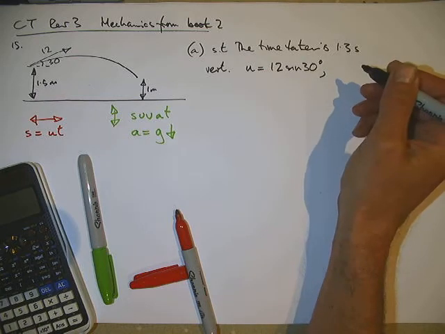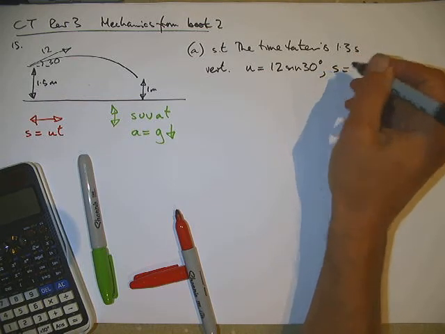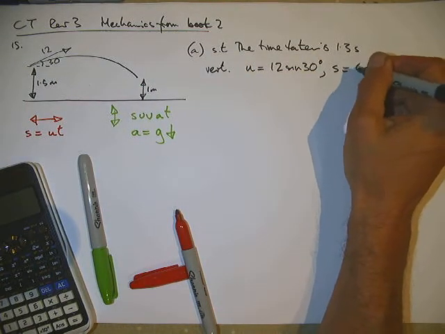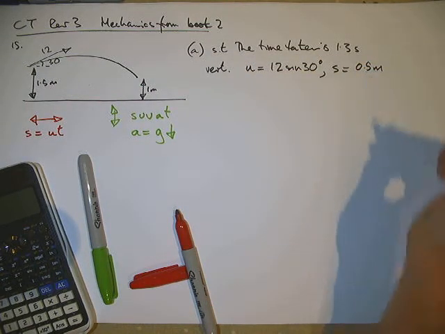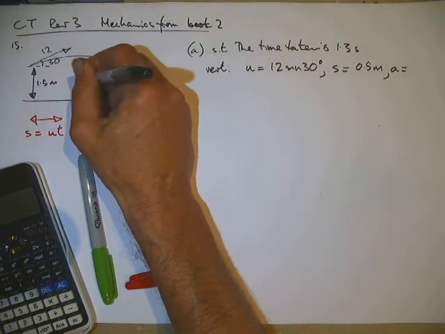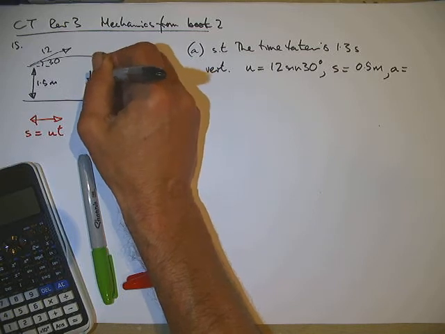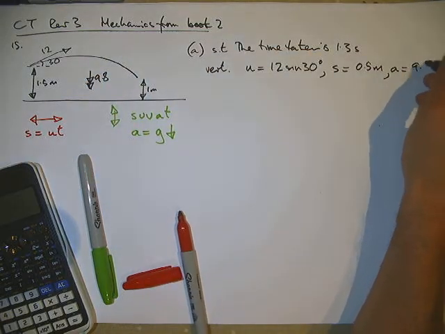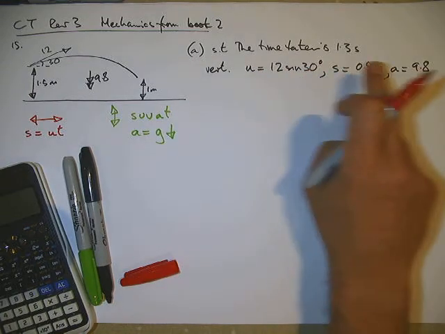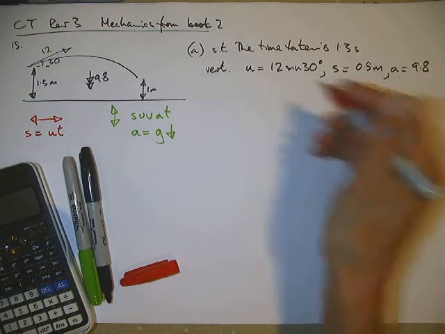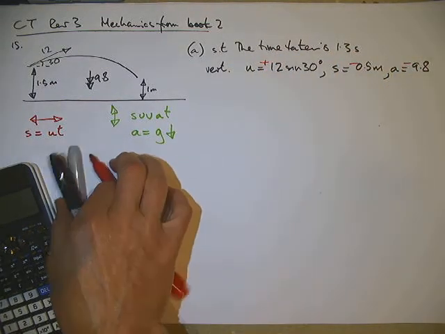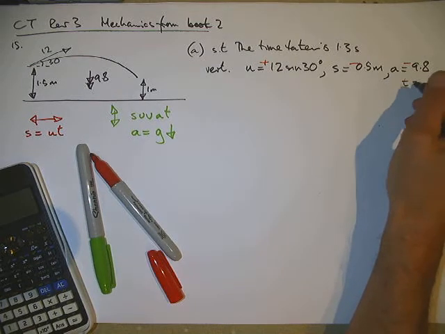We know that S goes from 1.5 meters to 1 meter, so that's ½ meter. And we know the acceleration is 9.8 meters a second squared. Now all we've got to be super careful about here is signs. It was upwards at first, ends up lower, it's accelerating downwards. So I would make that positive, that negative, and that negative. And we want to find T.